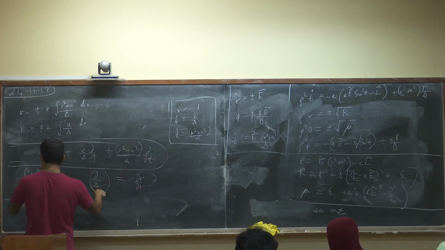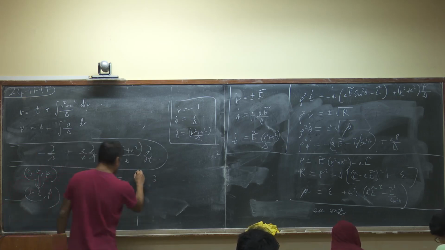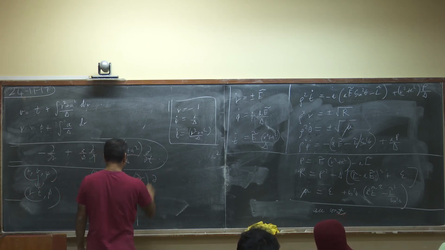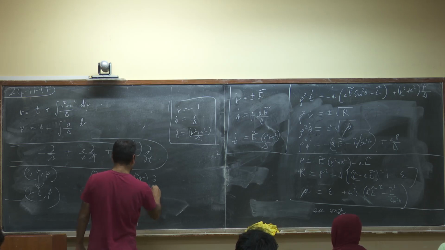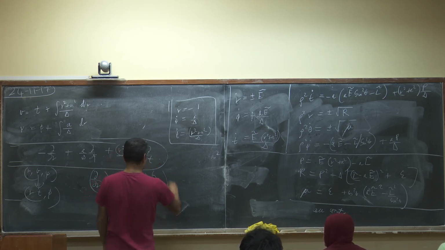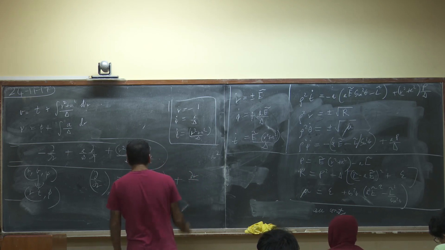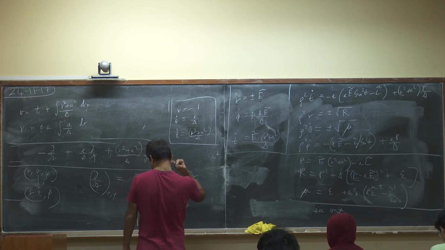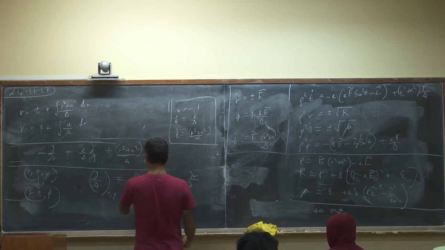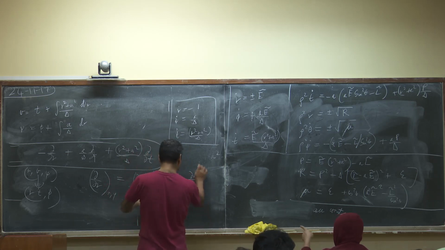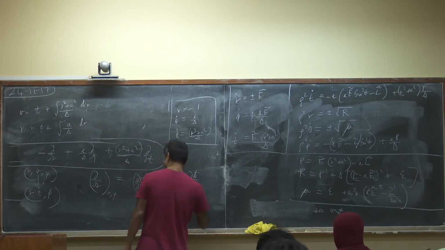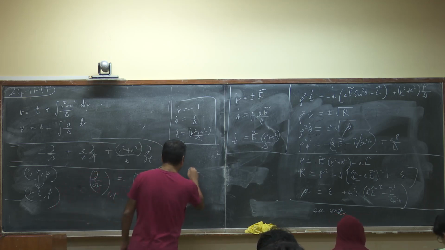So del by del r at constant v, psi is del by del r at constant t, phi, plus del t by del r times del by del t, plus del phi by del r times del by del phi.